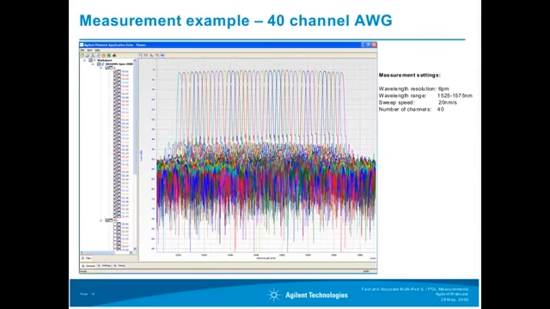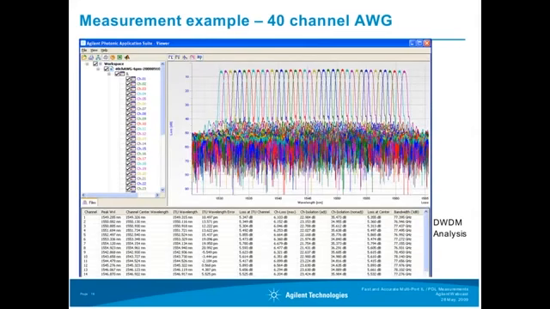In order to have a useful evaluation and analysis of all these measurement data, we are providing a dense WDM analysis function.